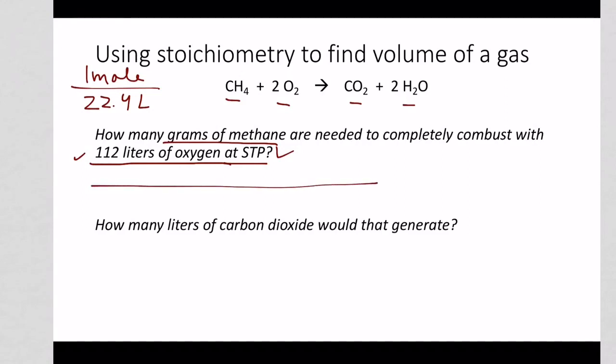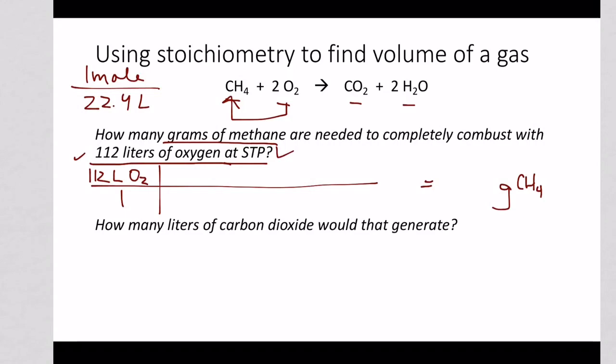So our given is 112 liters of oxygen. What are we trying to find? Grams of methane, which is CH4. So we're going to be turning liters of oxygen into grams of methane.